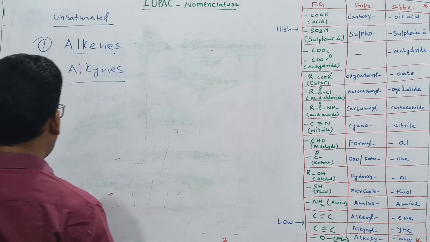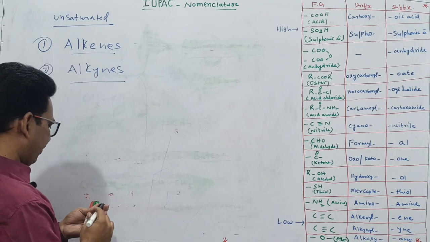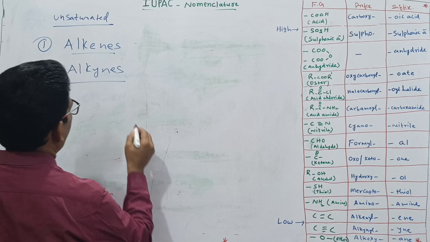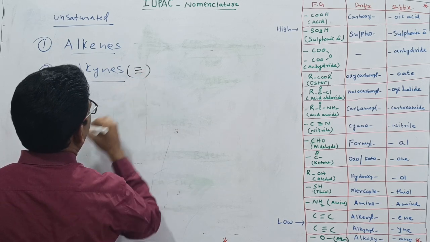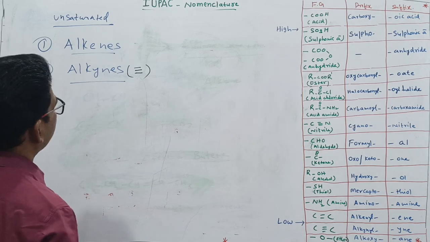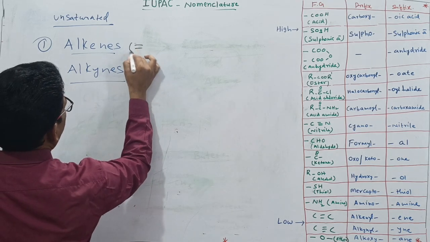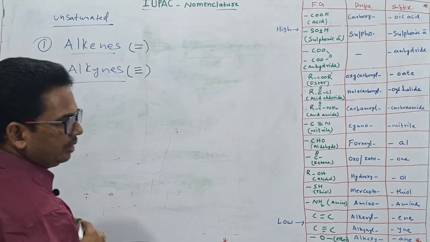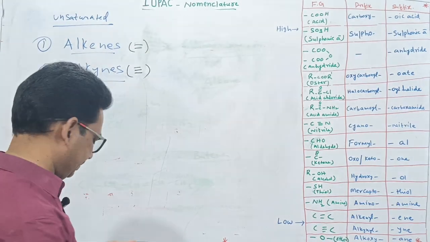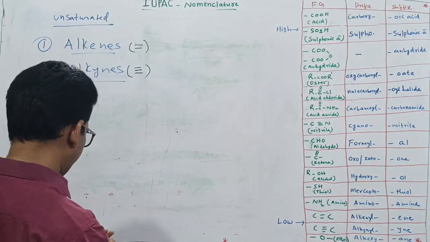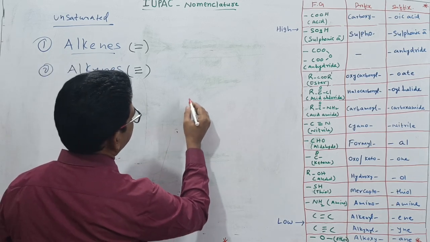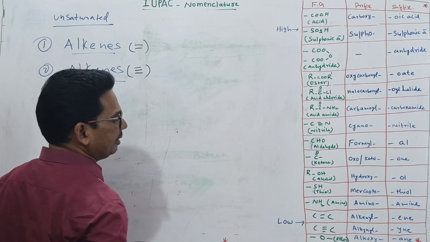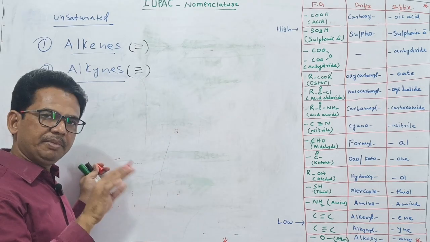Now we'll go for the alkynes. In case of alkynes, you can see alkynes are the triple bonded compounds. Alkenes are double bonded compounds, I already explained that. Now in case of alkynes, how do we give the names according to IUPAC? These are also derived from the alkanes.